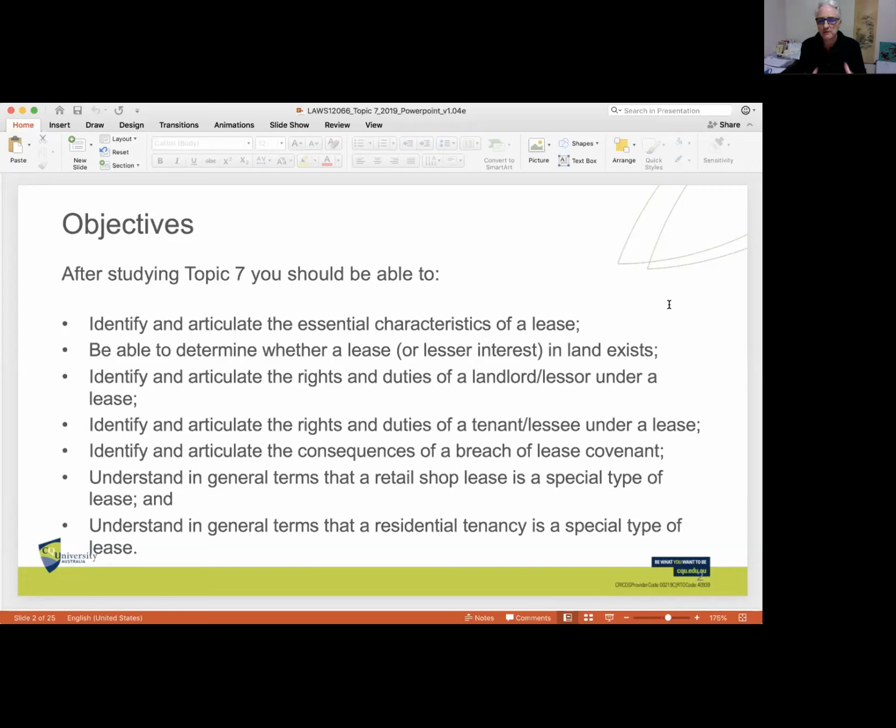We need to then think about the rights and duties of both parties to the lease, that is the landlord and the tenant, or the lessor and the lessee under the lease. And we need to be able to work out the way in which those rights work. We need to think about consequences of breach and assignment, and then other matters that we'll look at in the second lecture.